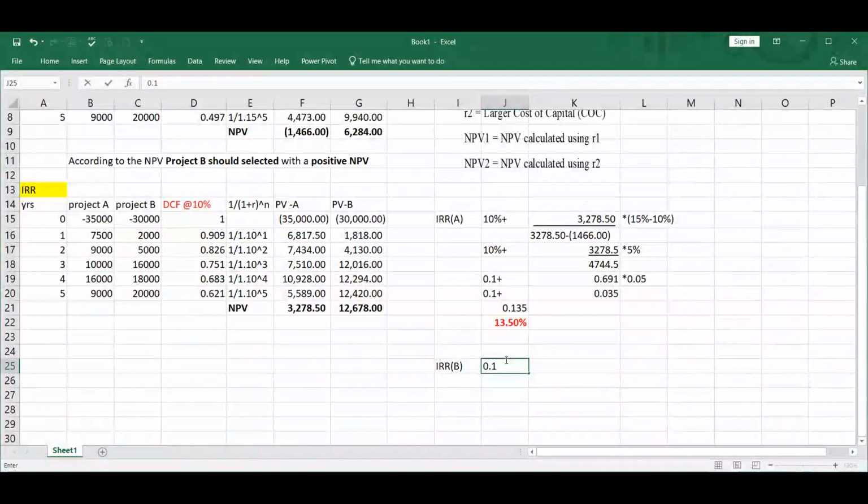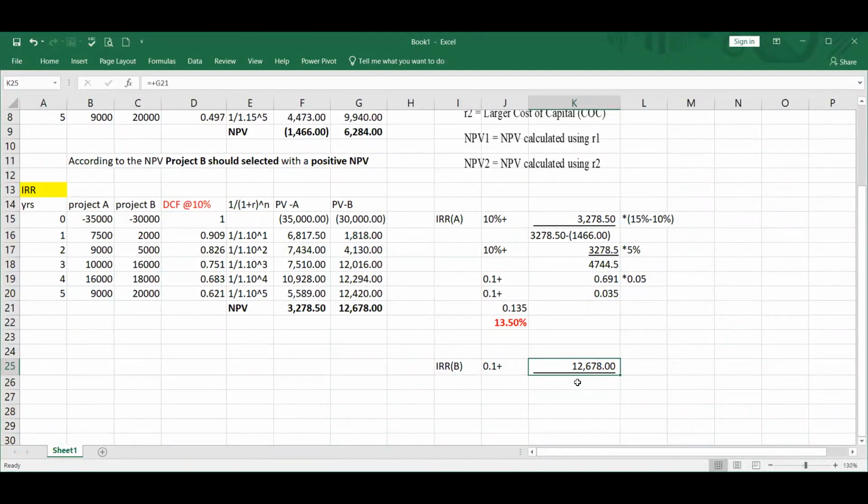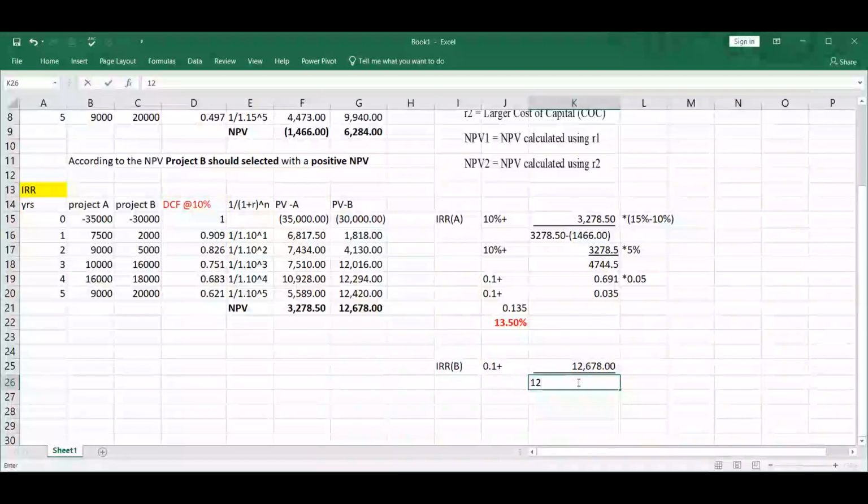So 0.1 plus the NPV at the lower rate. So this is the NPV. Then I have to take the difference between these two. So the difference is 12,678 minus 6,284.